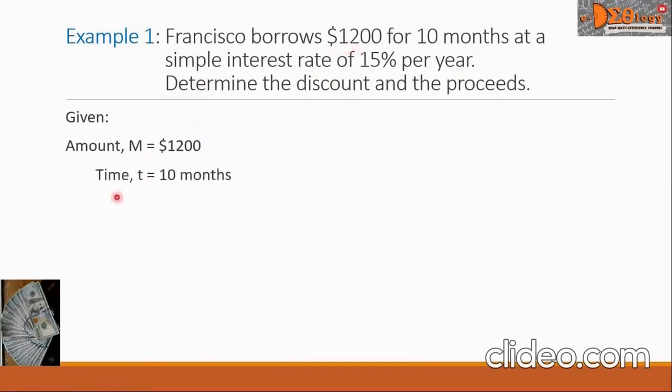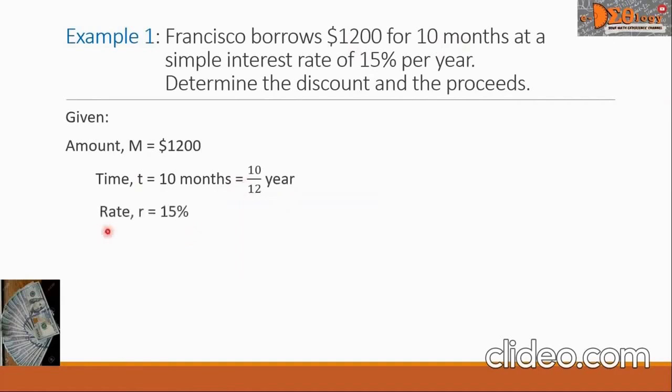Next is the time denoted by T, and that is 10 months. These 10 months we will convert into a year, and we know that there are 12 months in a year. So we will have this 10 over 12, and this is the equivalent for a year.